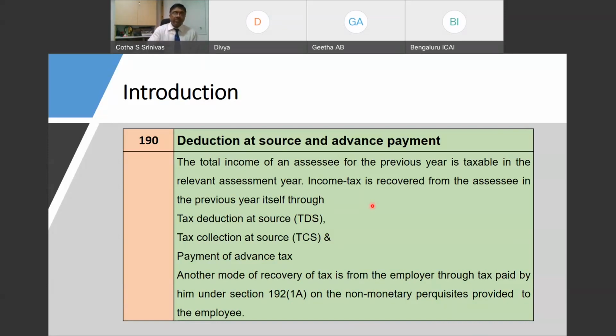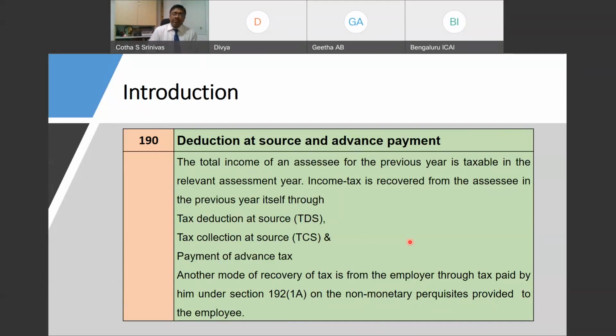So if you see how it will be collected, it is through tax deduction at source, tax collection at source, and payment of advance tax. We know that any person who is having a tax liability of beyond 10,000 rupees has to pay advance tax. We know the installments, that is June, September, December, and March. By March 15, whatever is the total estimated income, on that total estimated income, what is the total estimated tax?